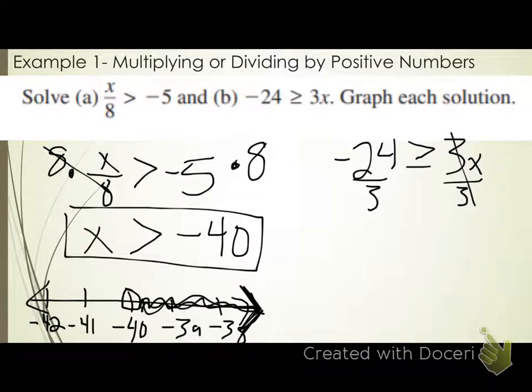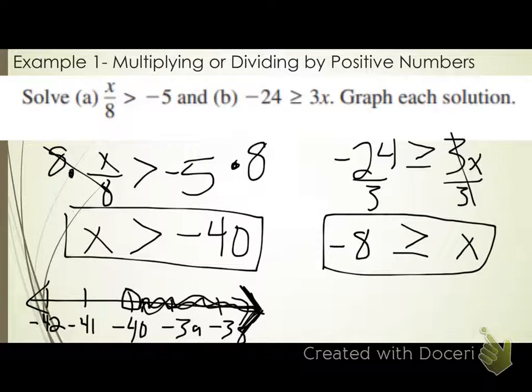Negative 24 divided by 3 is negative 8. I'm left with x on the right-hand side. Does my inequality symbol flip or stay the same? Stays the same because the number that I divided by on both sides is positive. So there's my solution. Questions on how I got that?